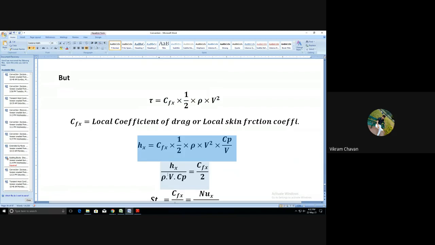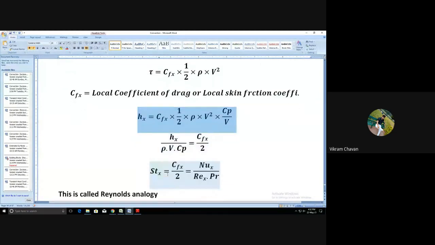And we know that Hx divided by rho V Cp is nothing but the local Stanton number, so we get local Stanton number equal to Cfx divided by 2. And this local Stanton number is also equal to the local Nusselt number divided by local Reynolds number multiplied by Prandtl number.